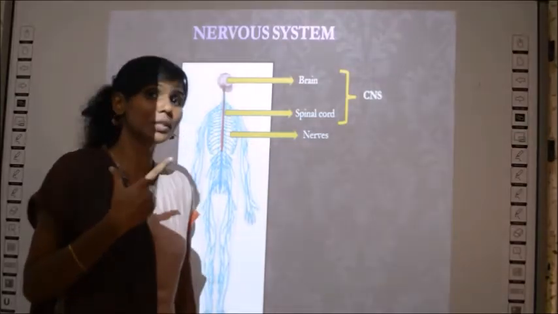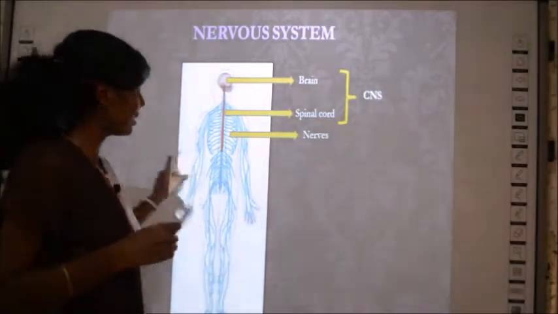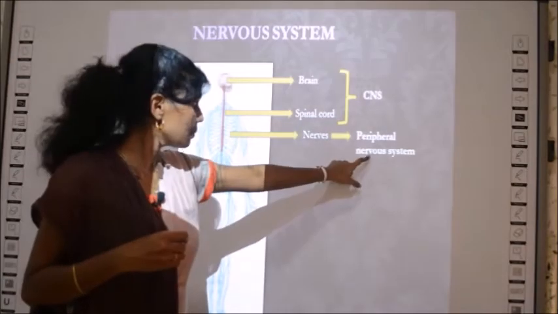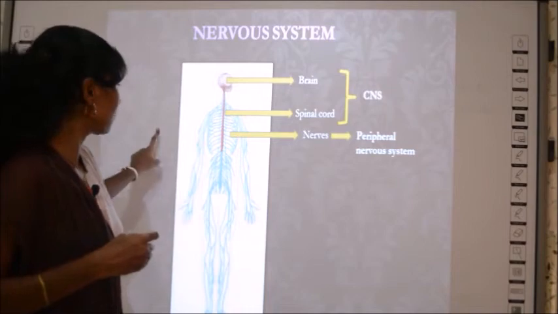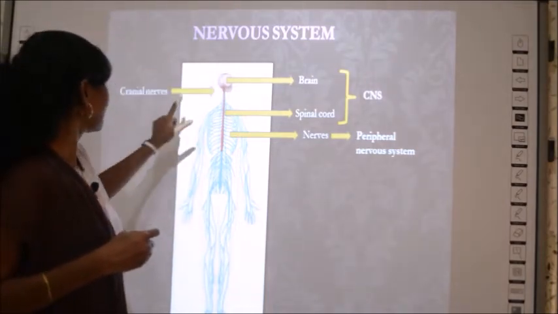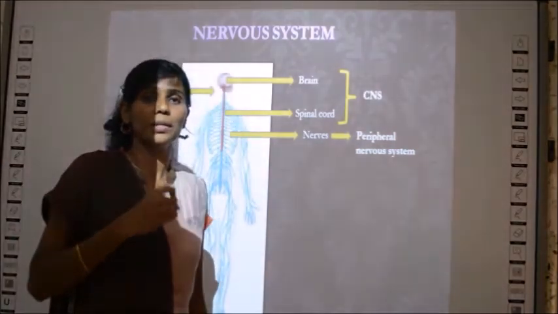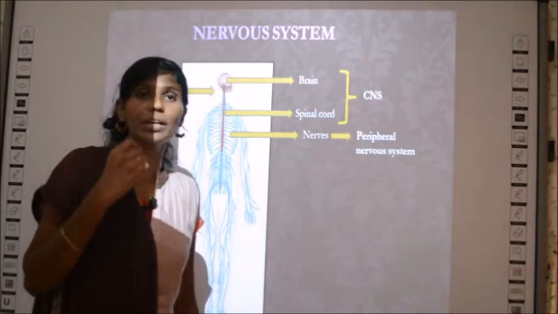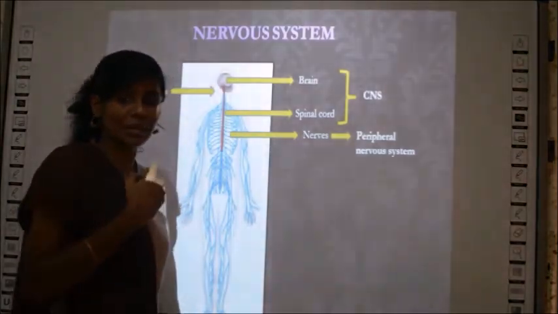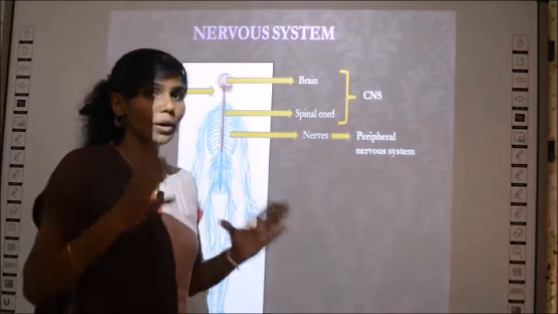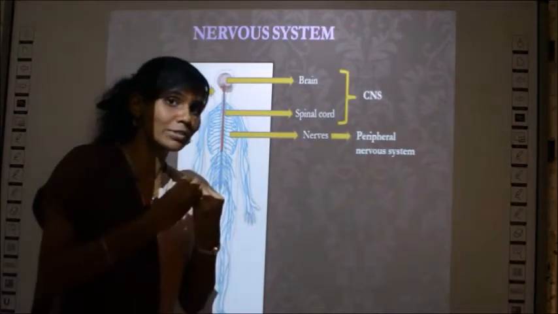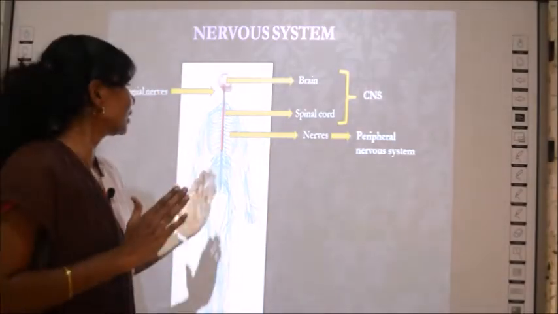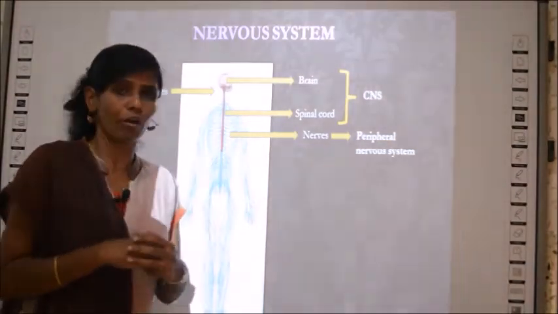If the nerves are in your face, then they are called cranial nerves. See? So all these blue nerves are represented by the term peripheral nervous system, and the nerves of your face have a special name. You don't call them by the ordinary name nerve, you call the nerves of your face cranial nerves. So that's all about the diagrammatic representation of the nervous system.